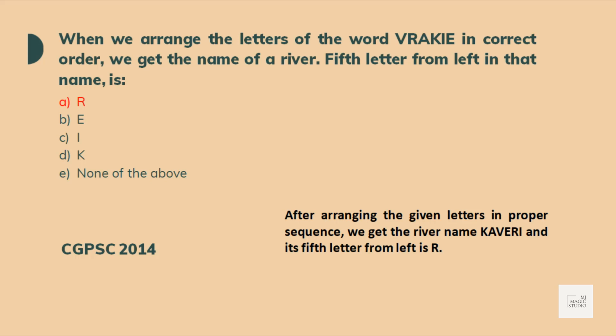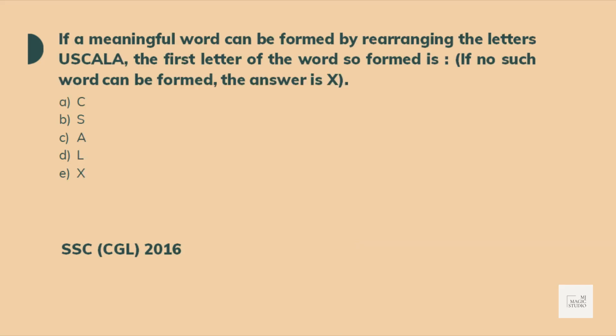Yes, answer is option A. After arranging the given letters in proper sequence, we get the river name Kaveri, and its fifth letter from the left is R. Okay, correct answer is option A, that is C, because we can form a meaningful word which is casual.